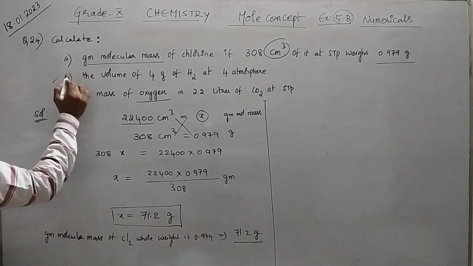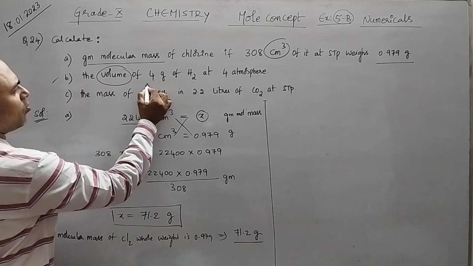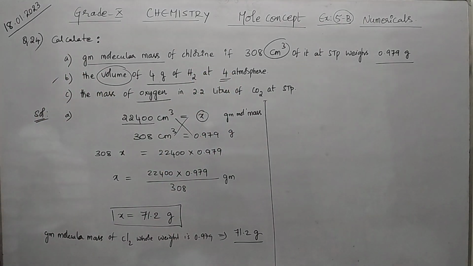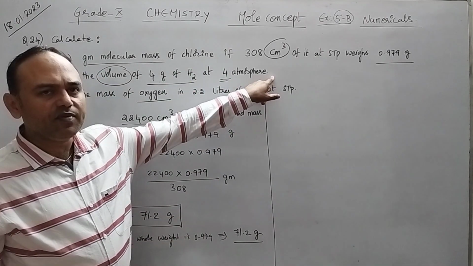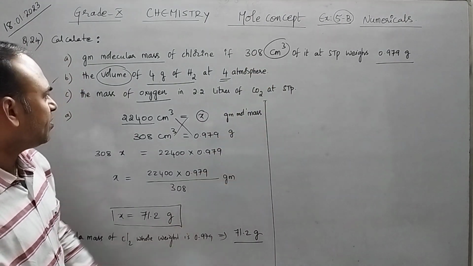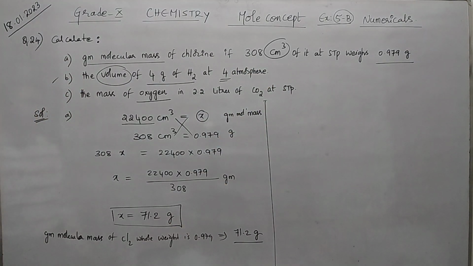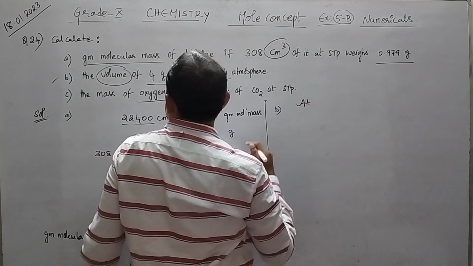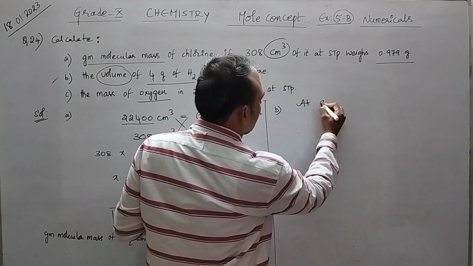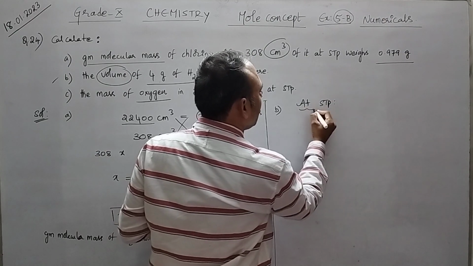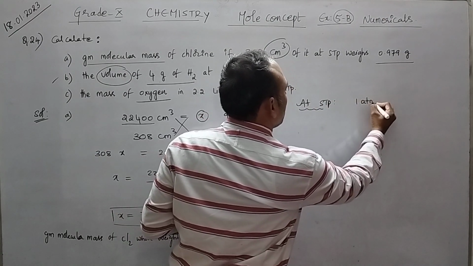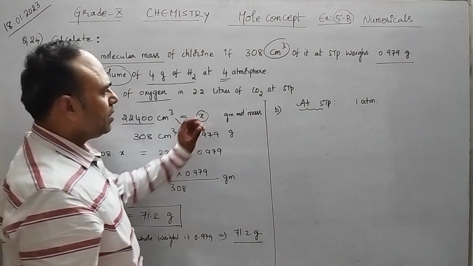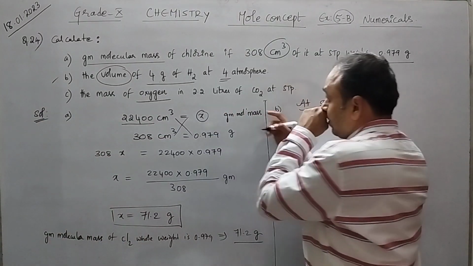Second question, volume of 4 grams of hydrogen at 4 atmosphere. So generally if you take at STP, it will be equivalent to 1 atmosphere. So first let us find out at STP. So question number 24B. At STP you need to calculate at 1 atmosphere. So first let us find out at 1 atmosphere and then given information. What is given here?